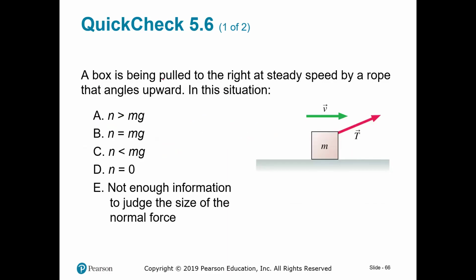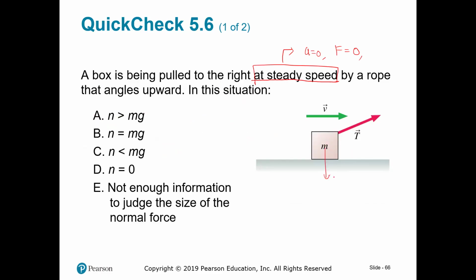The box is being pulled to the right at a steady speed, right? This is what we did last time. Steady speed, what does that mean? a is 0, so F net is 0 as well, right? So in this situation, you have to draw the force diagram.